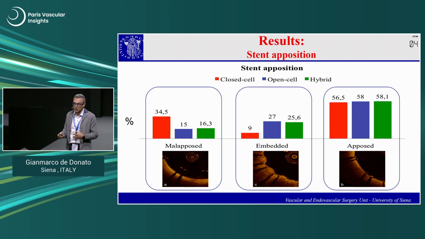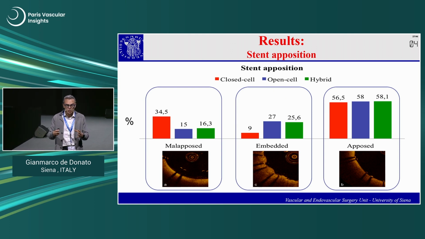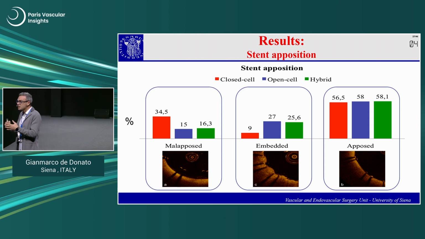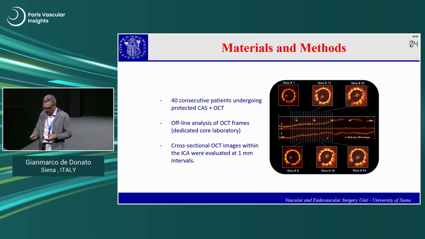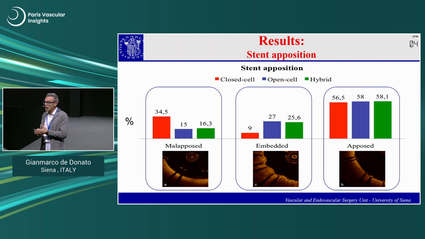What we realized is that the closed cell stents are a little bit less conformable, so you can find more malapposition with the red column, the closed cell. But at the same time, the open cell, the one that is more conformable, sometimes has the stent strut just pushing against the plaque, so you see some struts embedded inside the plaque.